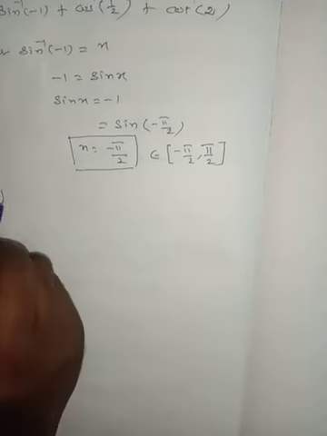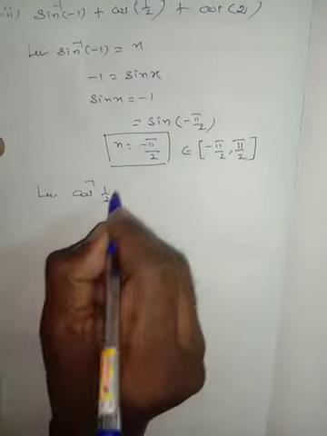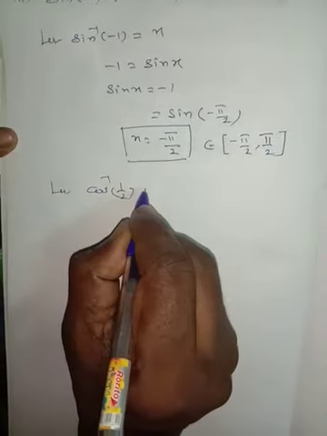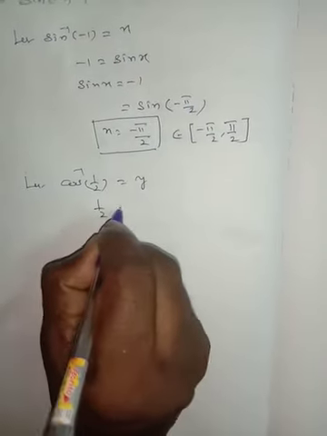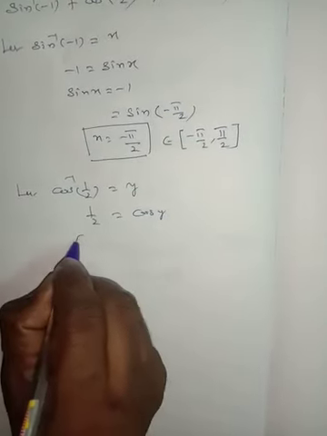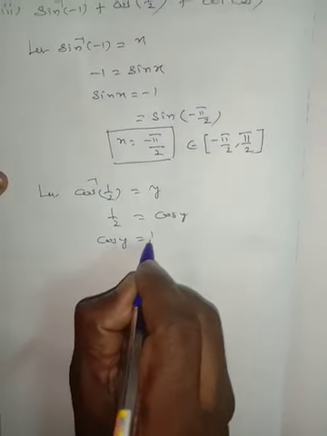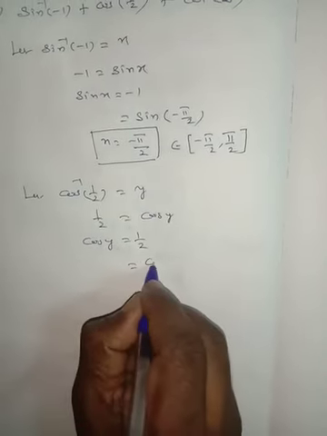Let the second part, cos inverse of 1 by 2, is equal to y. 1 by 2 is equal to cos y. Cos y is equal to 1 by 2. In terms of the cos column, cos pi by 3.